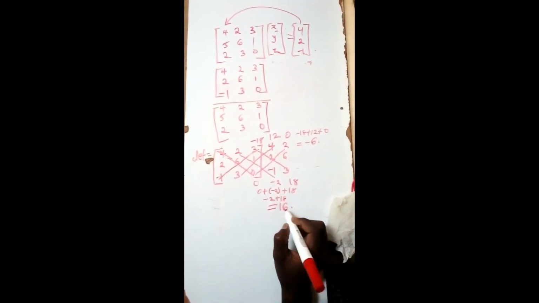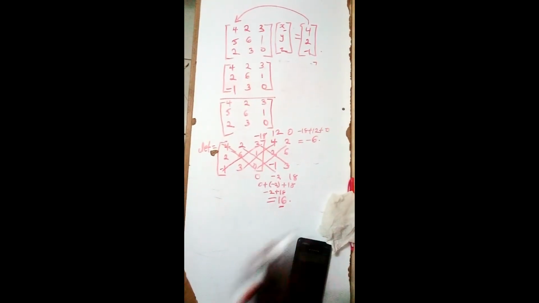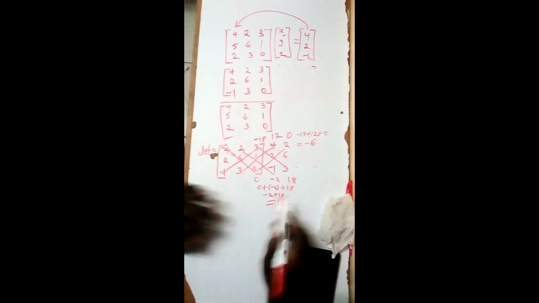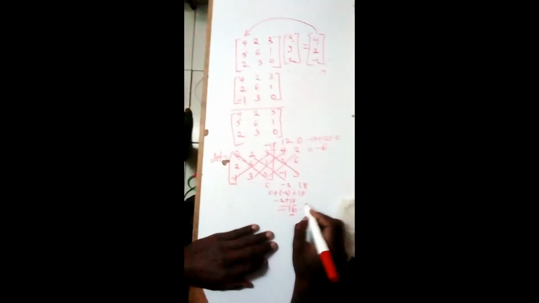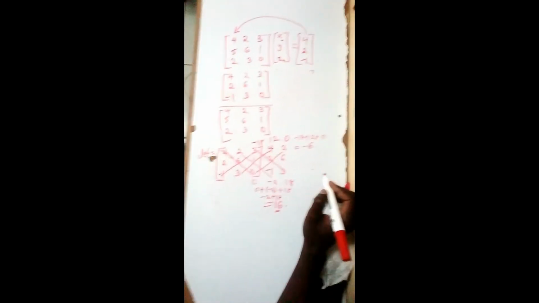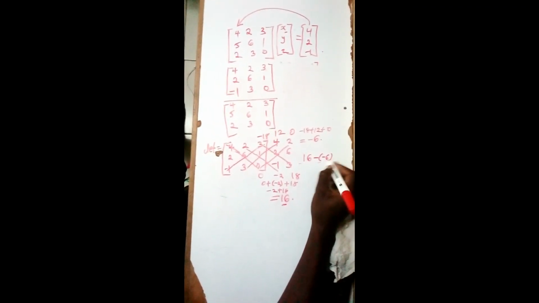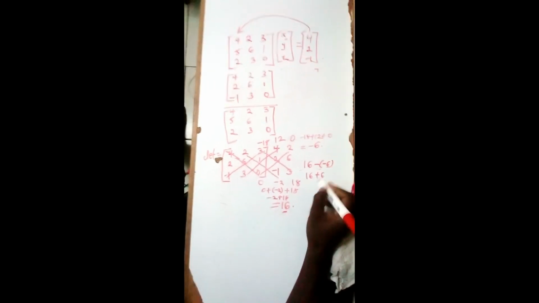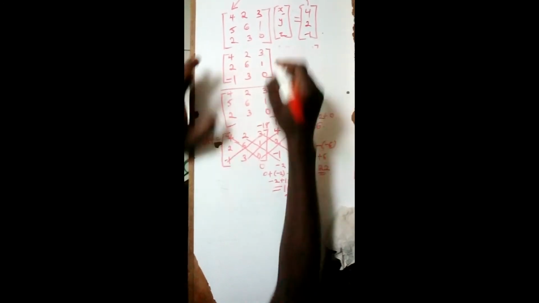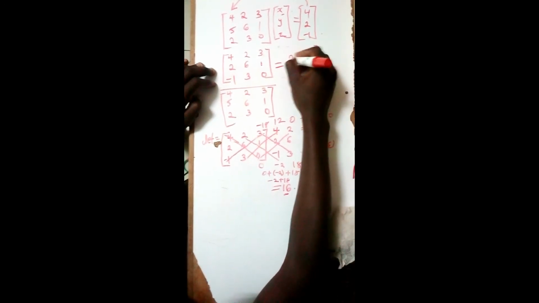This is the value for the secondary diagonal. As always, it is the principal diagonal minus the secondary diagonal, which is 16 minus -6, which is 16 plus 6, which is 22. So the determinant of the numerator matrix is 22.